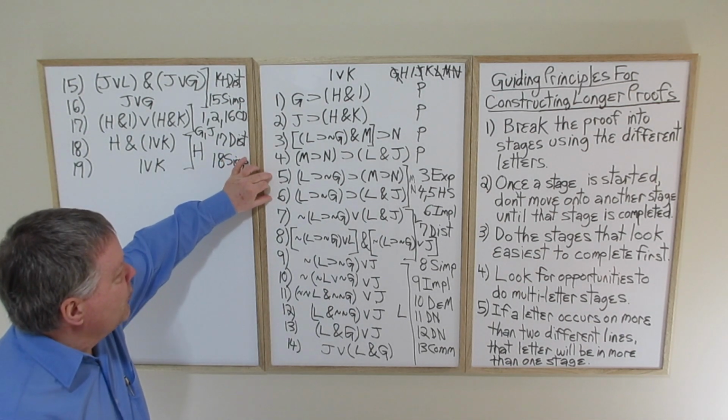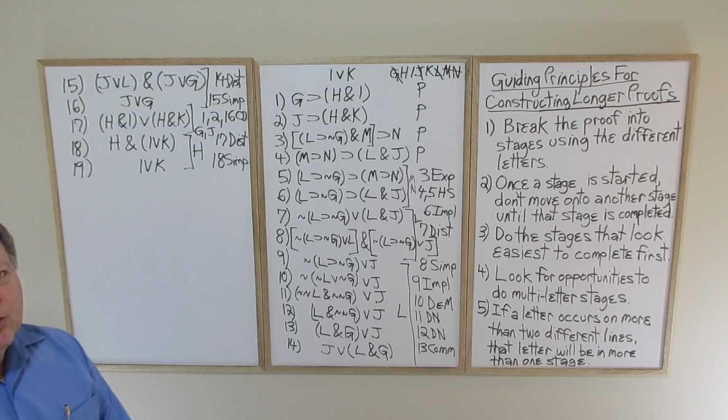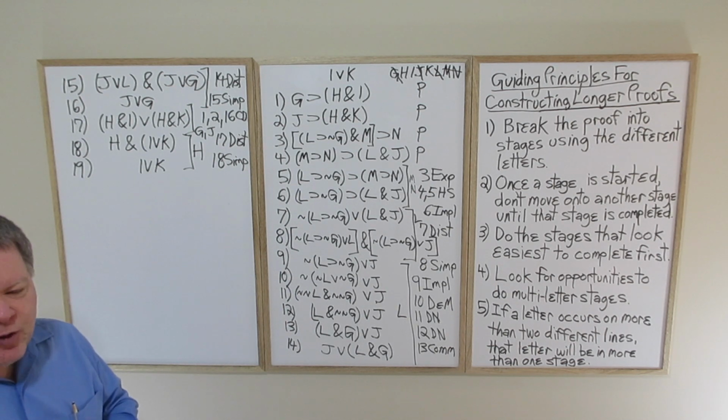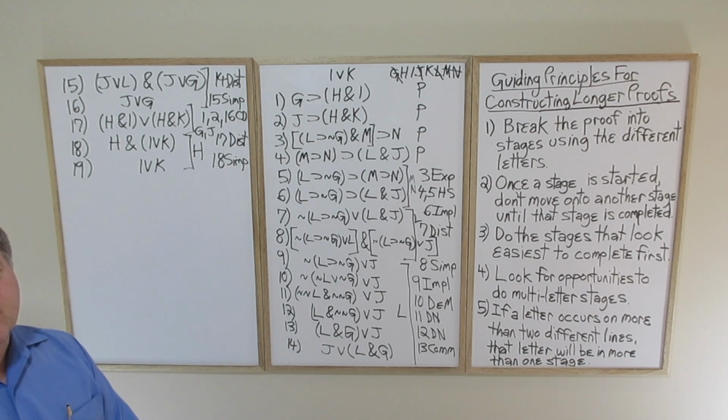Let me repeat though, as we saw with a number of these stages, in order to do that, not only do you need to adopt the stage-oriented approach to constructing a longer proof like this, you also need to be familiar with those rules, very familiar, in order to successfully complete each of the stages.